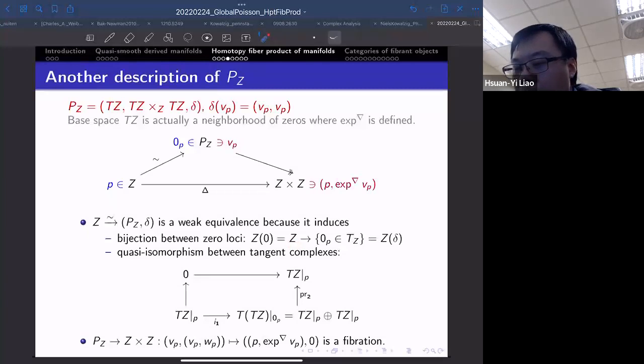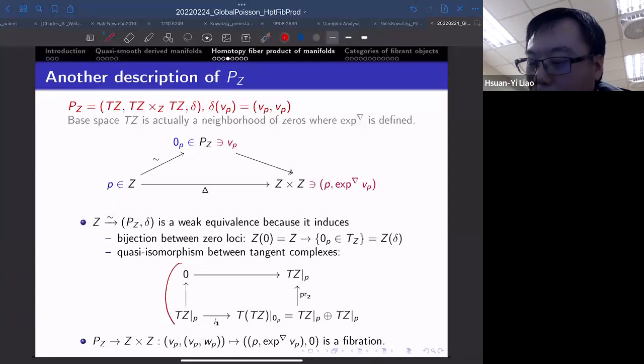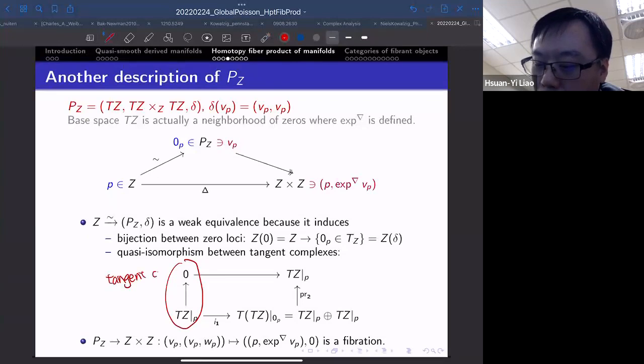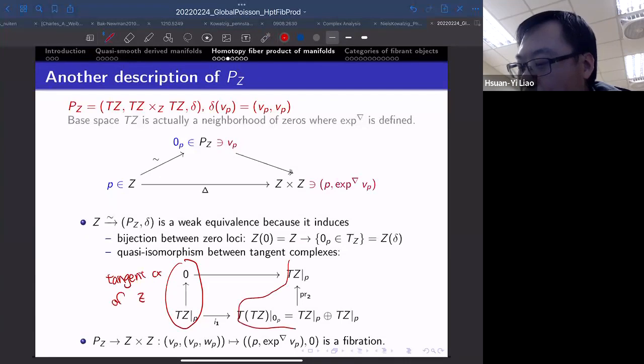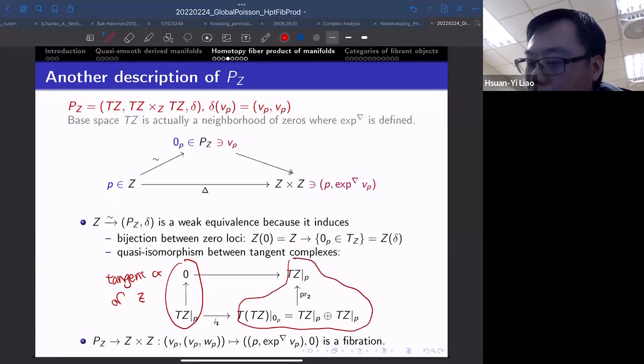And you can also compute the tangent complex. The tangent complex is like this. This is the tangent complex of Z, and this is the tangent complex of my PZ.